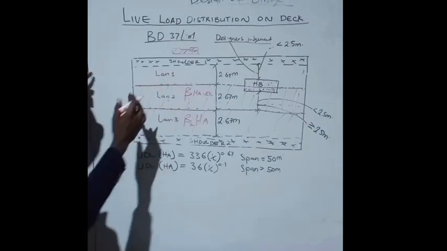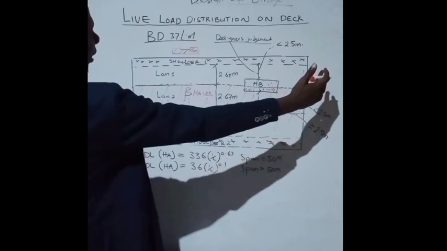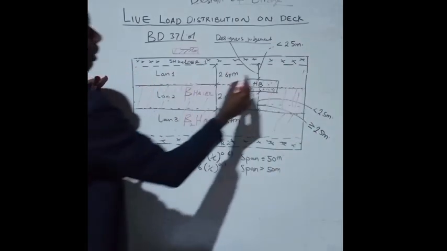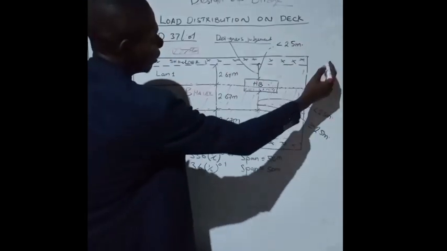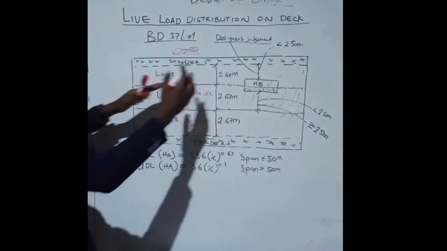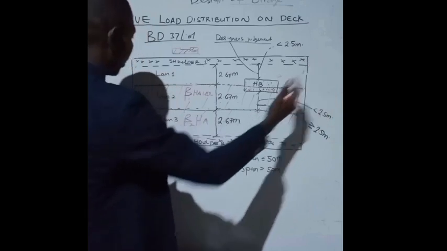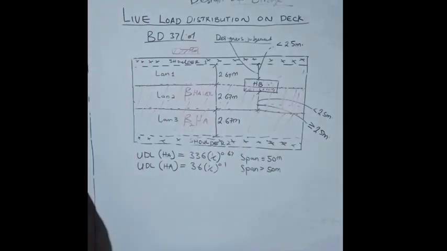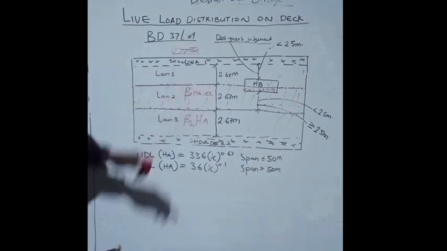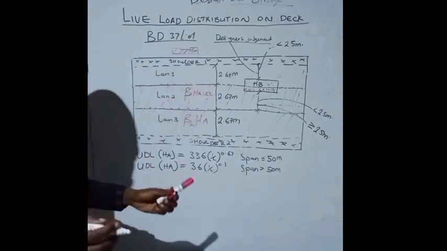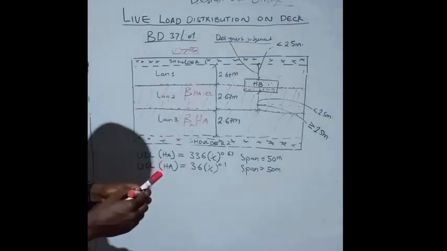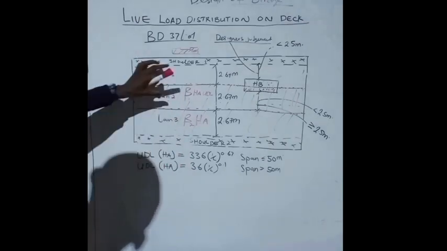But at the front of the HB and at the back of the HB, let's assume we're traveling this direction, after a distance of about 25 meters ahead and 25 meters behind, we are expected to load it. But let's not go into that, since our span is just 20 meters, so we're not dealing with a distance more than 20 meters. So we're only concerned about this.